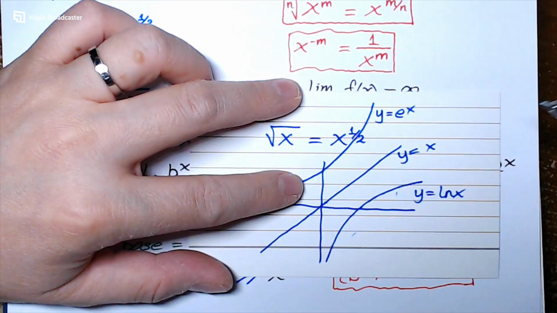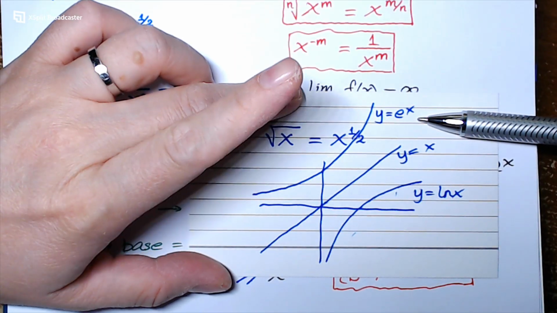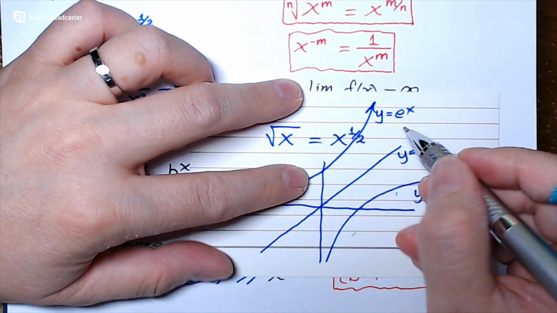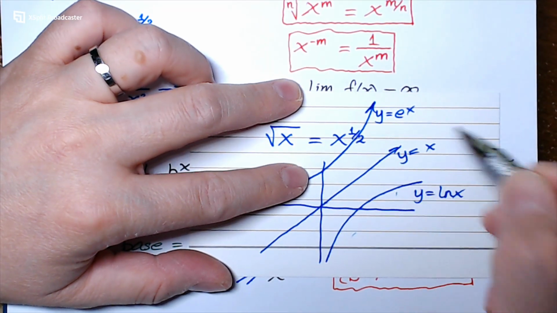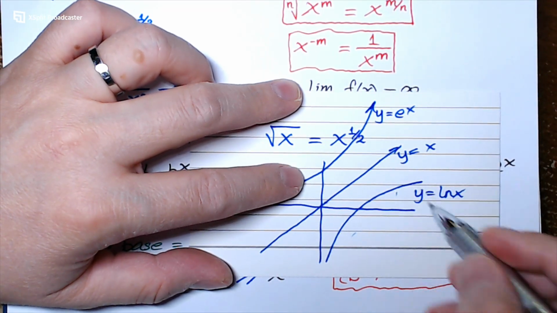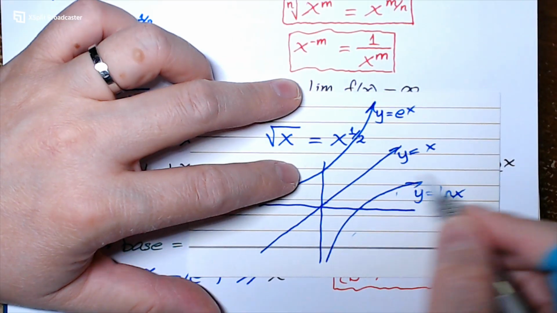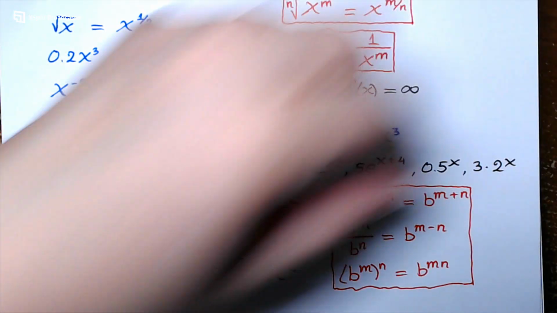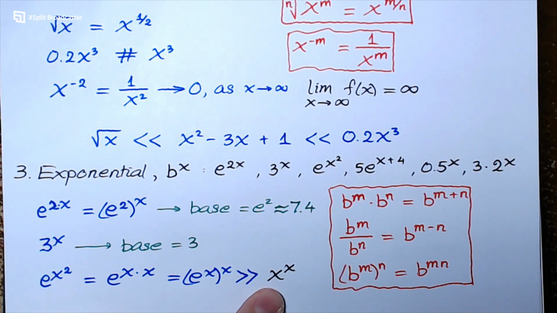So we can use the graph as well. The exponential function e to the x increases fastest to infinity, and then we have power, and then the log is the slowest to infinity. But regardless, e to the x itself is bigger than x, it's faster than x.